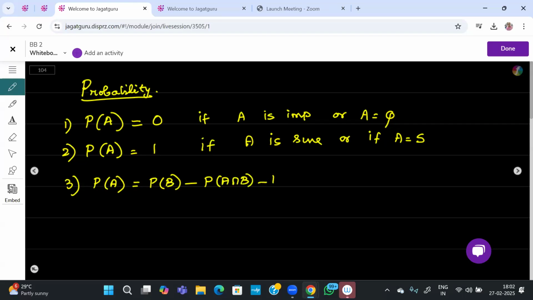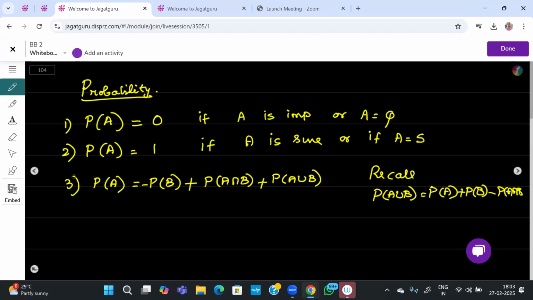Recall the addition theorem of probability, which you learned in 11th standard: P(A union B) is P(A) plus P(B) minus P(A intersection B). So I will have P(A) to be the sum of these two minus P(B). This is another way of describing P(A). There are various ways of finding out P(A). This is one of them.